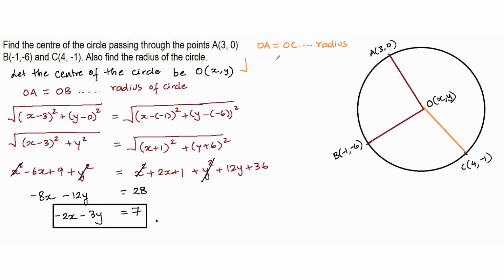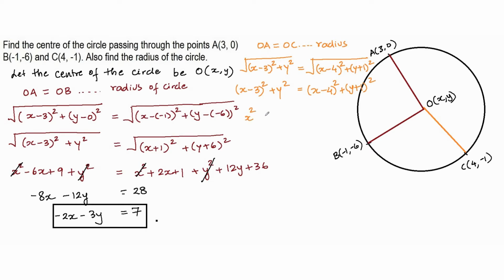OA is given by under root of (x minus 3) the whole square plus y square is equal to OC. OC is given by (x minus 4) the whole square plus (y plus 1) the whole square. Squaring both sides, you get (x minus 3) the whole square plus y square is equal to (x minus 4) the whole square plus (y plus 1) the whole square.